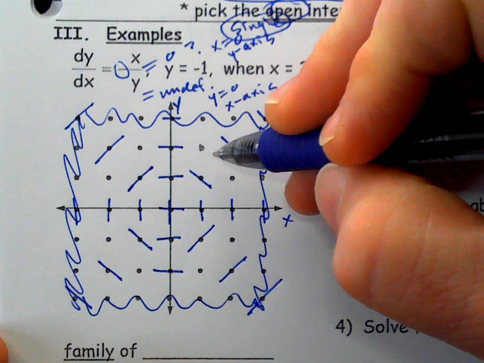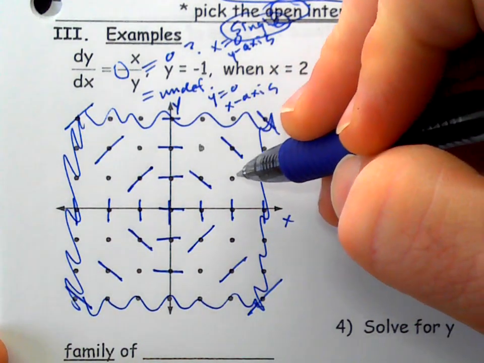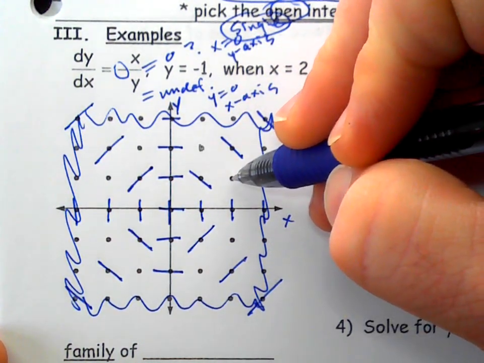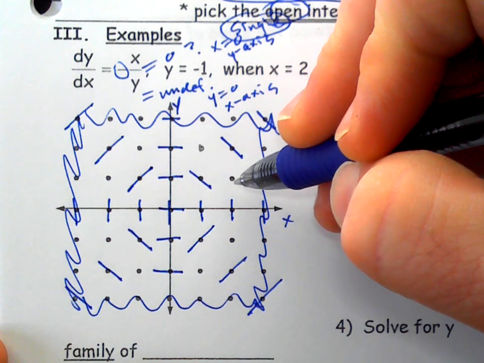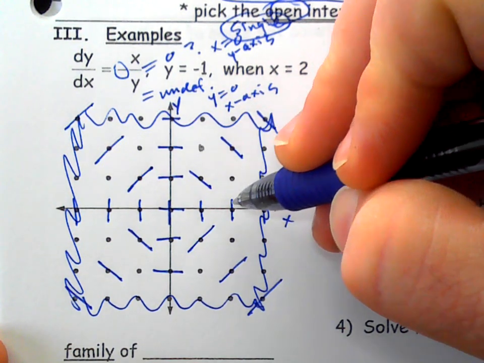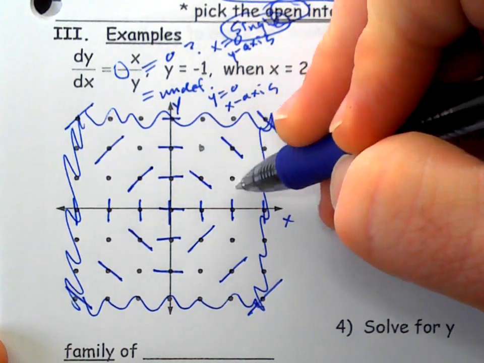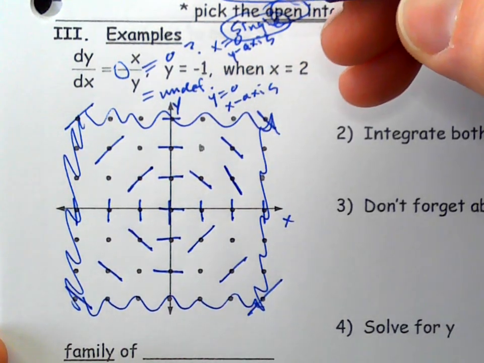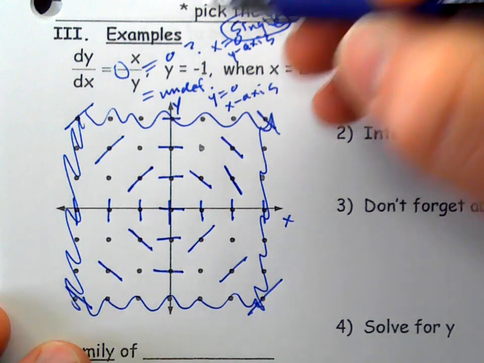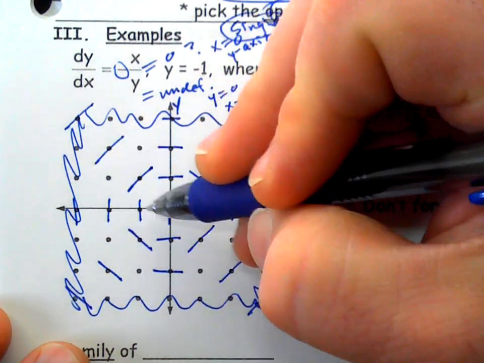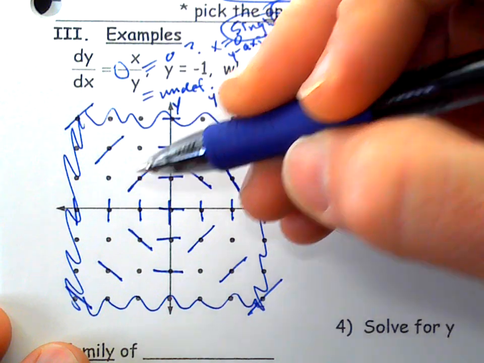In between, we're going to start to get some other, different values. 2, 1 is going to be negative. Let's see. The x value is 2. So that's going to be negative 2 slope. So I'm looking at these dots. I'm like, all right, negative 2. And over here, when x is negative 2 and y is negative 1, you're going to get negative 2.